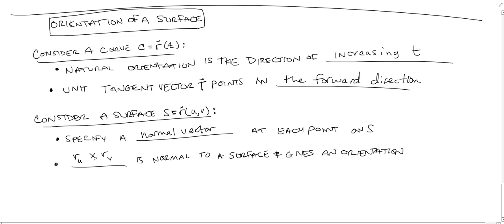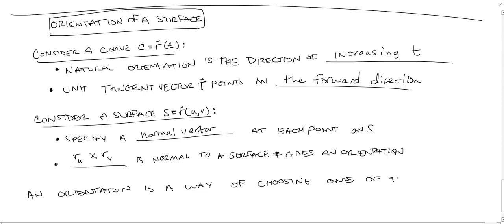And that's going to be a vector that's normal to our surface, and it will give an orientation. And so what we're talking about here is an orientation for our surface. An orientation is just a way of choosing one of two sides of a surface.